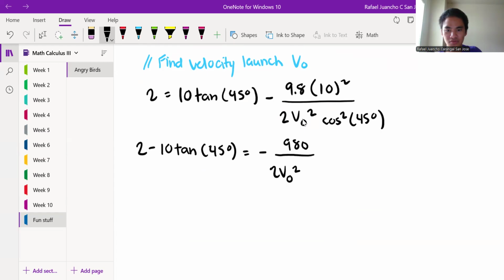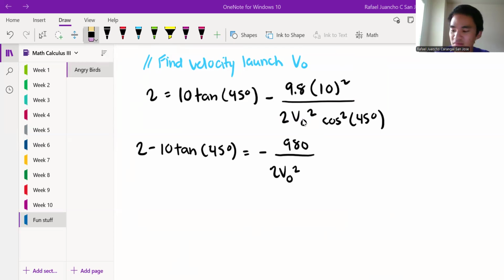2 V naught squared cosine. Let's actually solve this. Cosine of 45, in degree mode. Okay, it gives me some number that I don't know, so I'm going to look at the trig table. What is cosine 45 degrees?